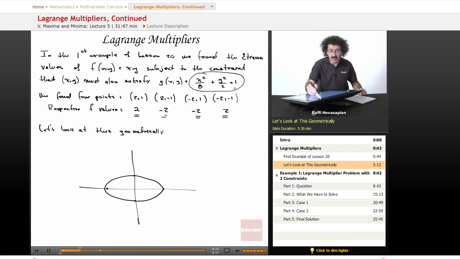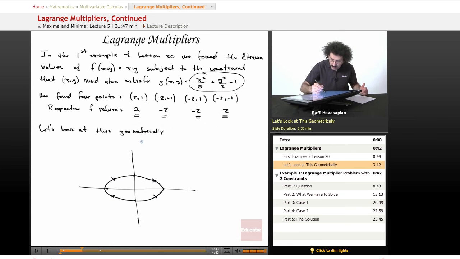The distance from the center to this vertex is radical 8, and to this one is radical 2. Which of the points on the ellipse maximize? Well, we found these points: (2, 1), (minus 2, 1), (minus 2, minus 1), and (2, minus 1).